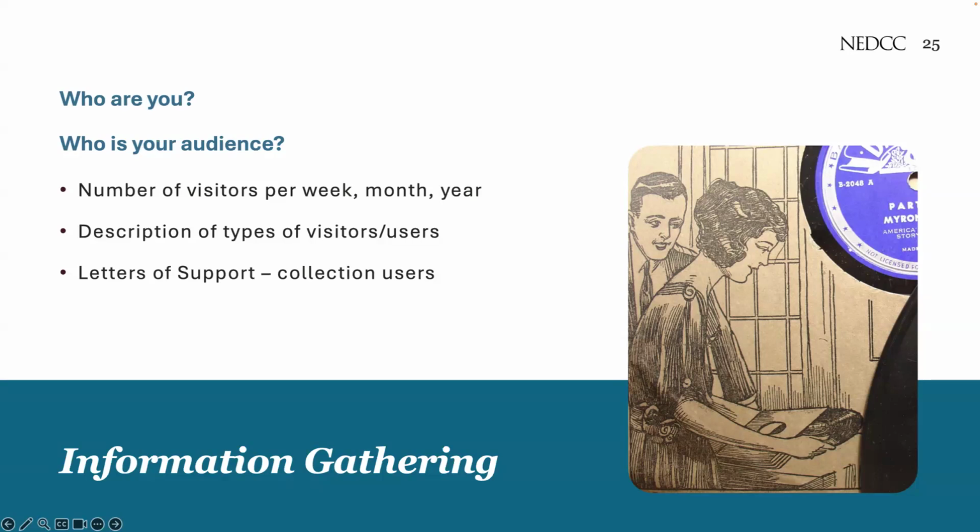Pull in some of that expert opinion, and ask these experts to write letters of support for your project. Recordings at Risk requires at least one of these letters from collection users in order to demonstrate the impact on your user community.